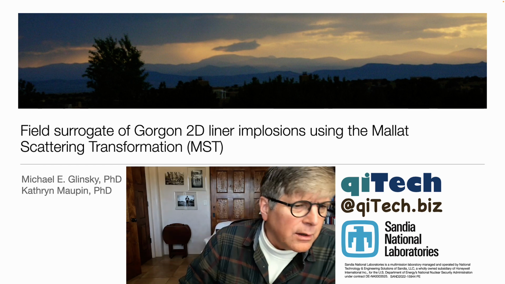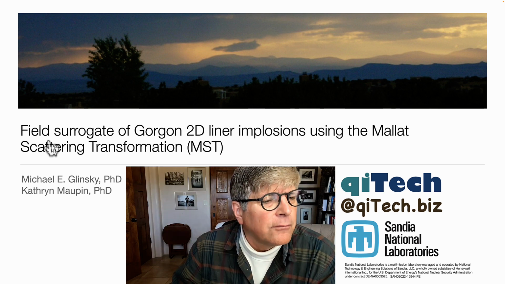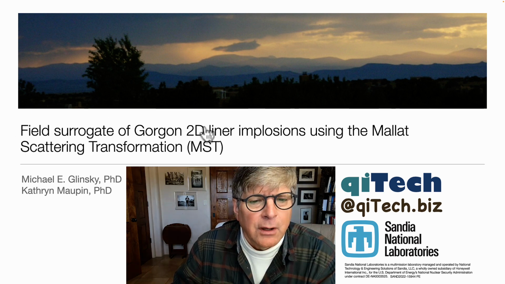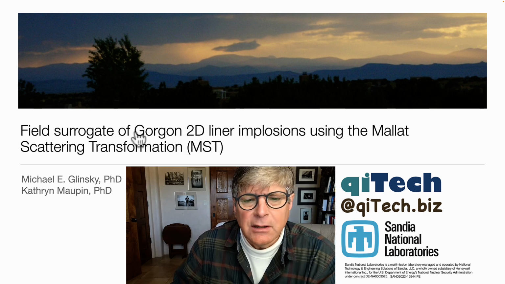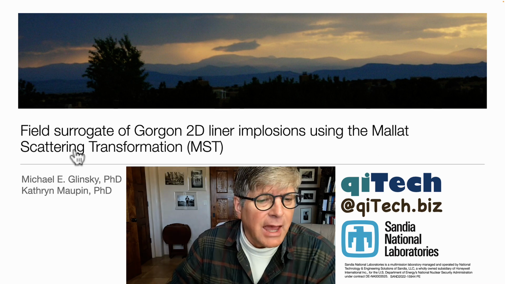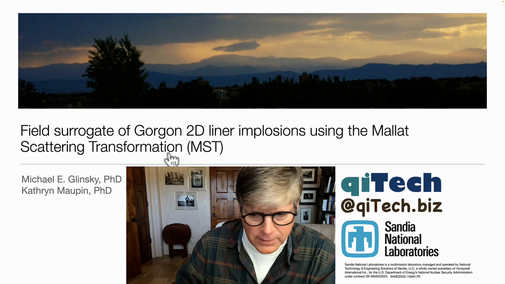This work uses machine and deep learning to form a surrogate for the fields that come out of resistive 2D MHD liner implosions using the Mallat Scattering Transformation and a relative of it.